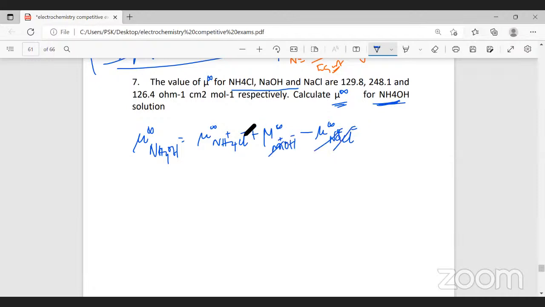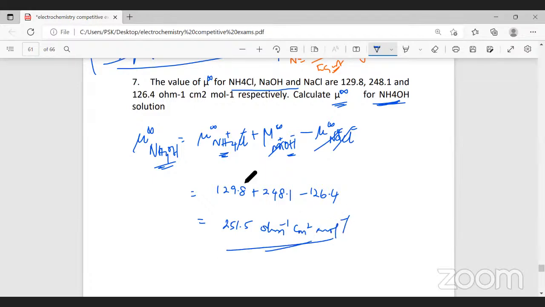This Cl- and this Cl- also will get cancelled. What else is left out? We have ammonium and OH-. So we're getting the answer. So it'll be 129.8 plus 248.1 minus 126.4. That will give you 251.5 ohm inverse centimeter square per mole.